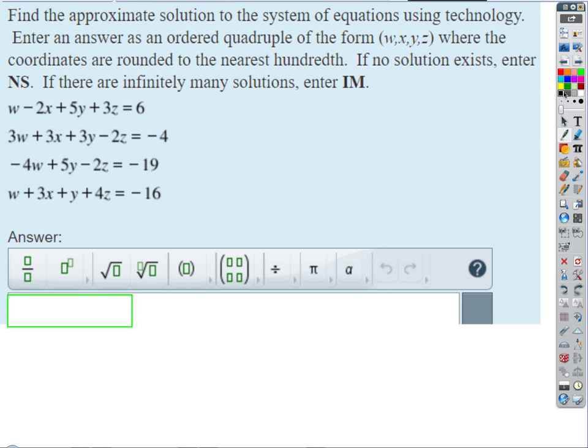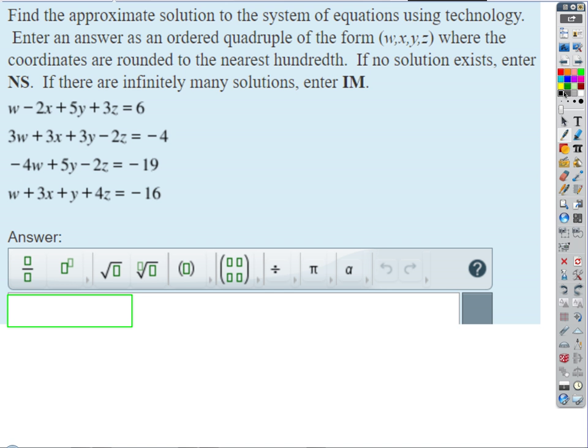A lot of the stuff that I had to learn to do manually using matrix row operations, your calculators will do for you, which is really handy. But there still are some parts of linear algebra that your calculator can't do. It's really powerful stuff.